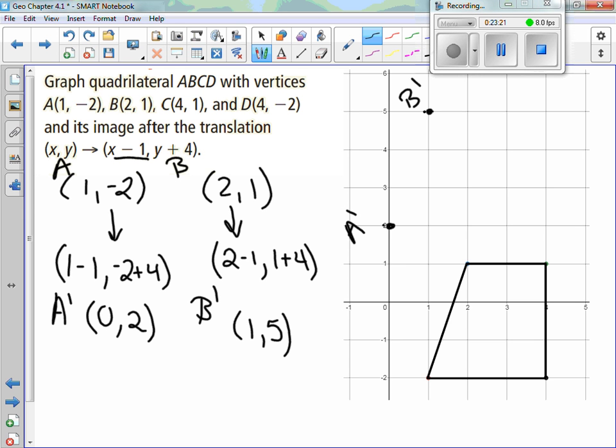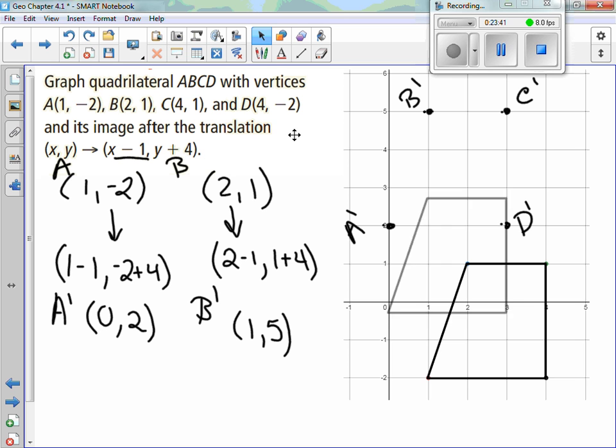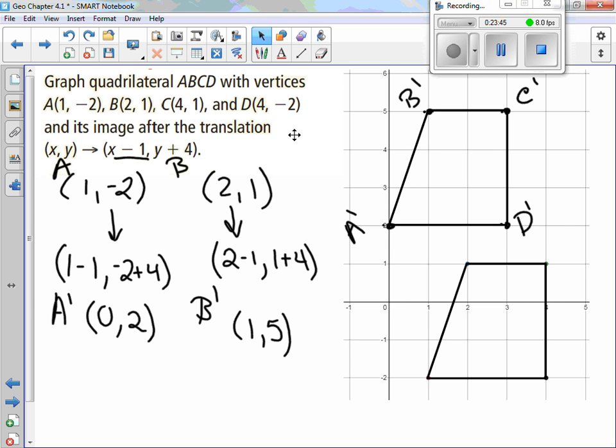So for C at 4, 1, I could have moved it left 1 and up 1, 2, 3, 4, which would have given us C prime. And the same for D. We would have moved left 1 and up 1, 2, 3, 4, which would have gotten us D prime. So left 1 and up 1, 2, 3, 4. We get this new figure here.